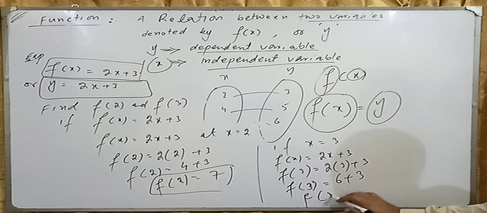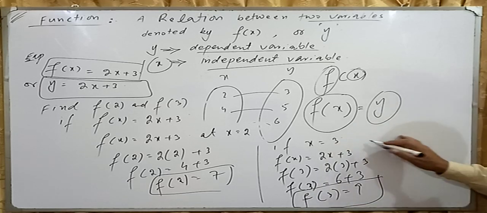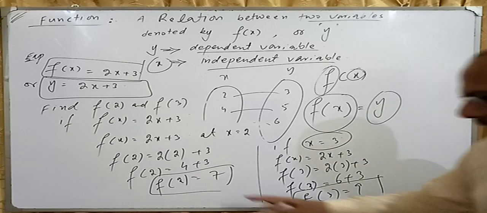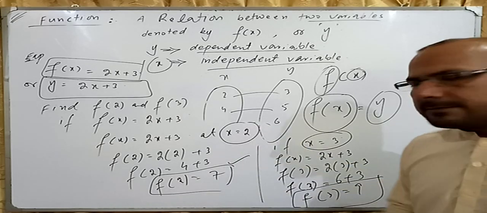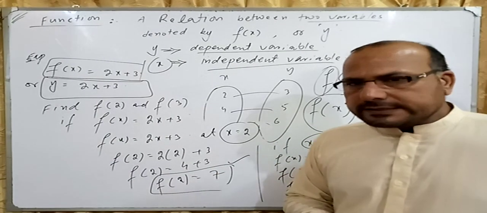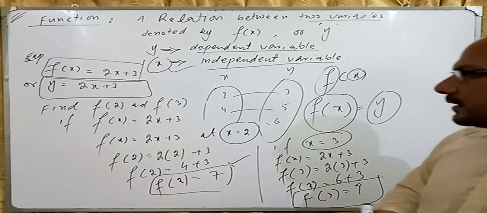So f of 3 is equal to 9. So the value of the function becomes 9 if the value of the independent variable is 3, and the value of the function is 7 if the value of the independent variable is 2. It means that the function totally depends on the independent variable, and that is x.